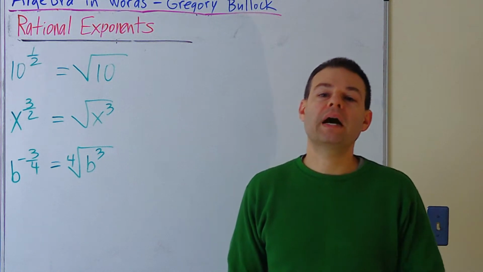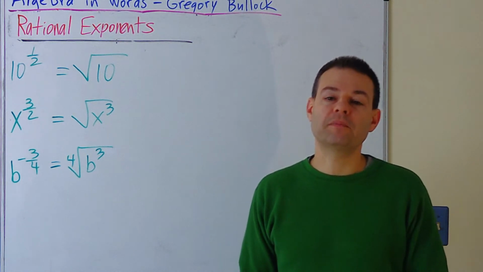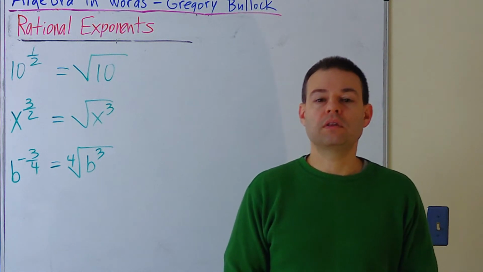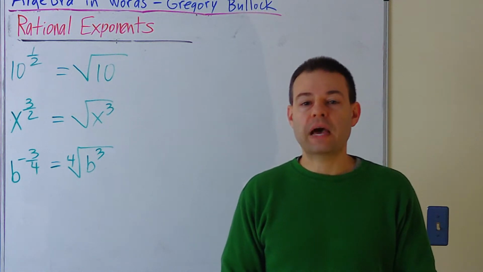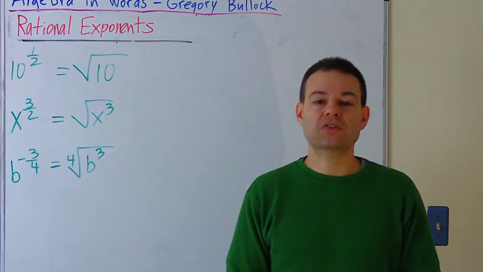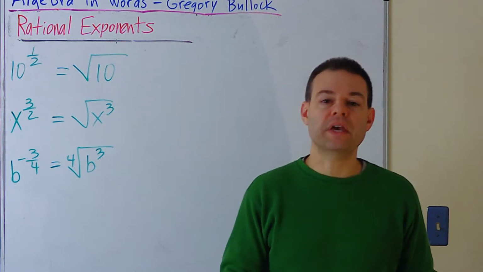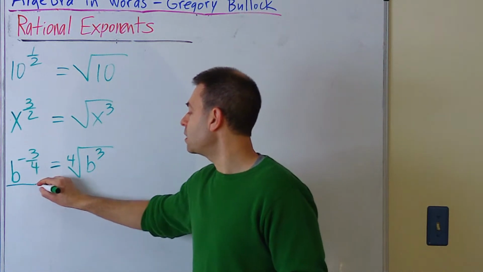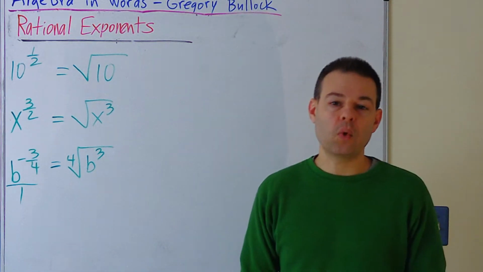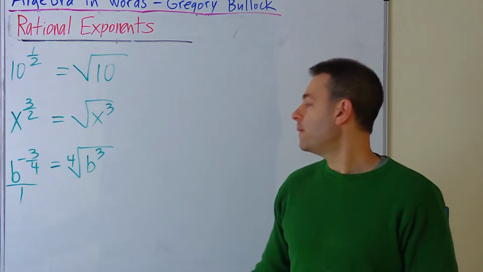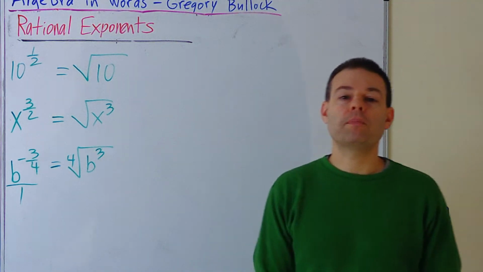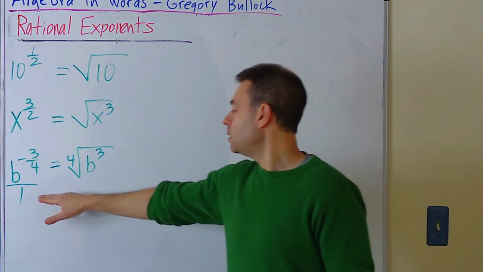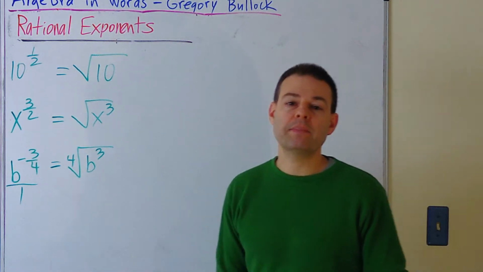So if you remember, how do you address a negative exponent? You address it by moving the factor to the opposite part of the fraction, and then change the sign of the exponent. Since this whole thing you can think of as being over an unwritten 1, to change the negative to a positive, you would move this whole factor to the opposite part of the fraction, which would be the denominator.